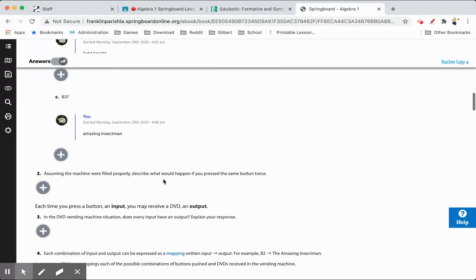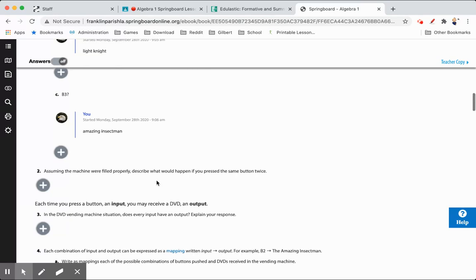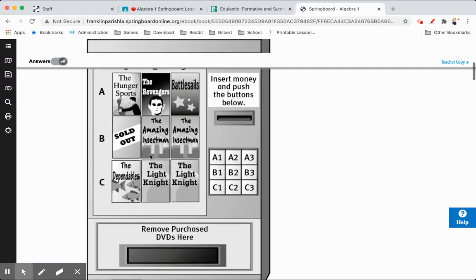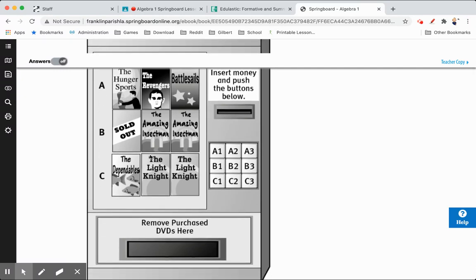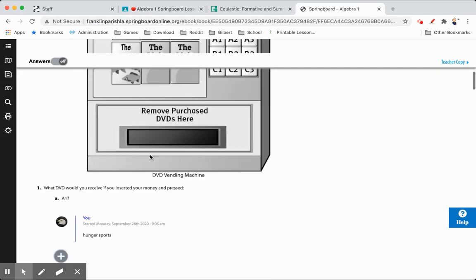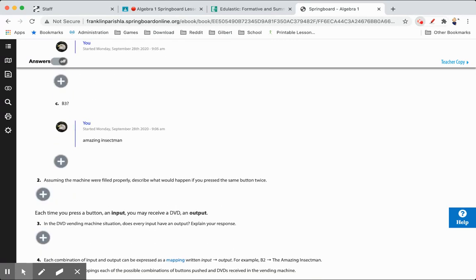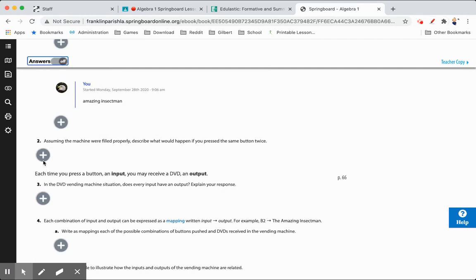Assuming that the machine were filled properly, describe what would happen if you pressed the same button twice. Well, if you press the same button twice, you should get a second copy of what you pressed. So let's put that.